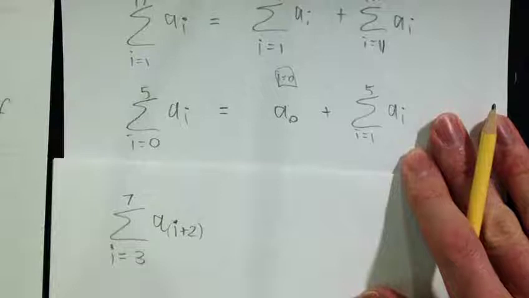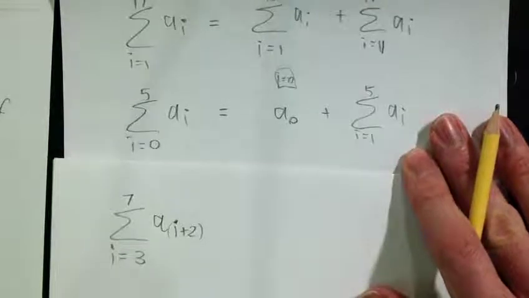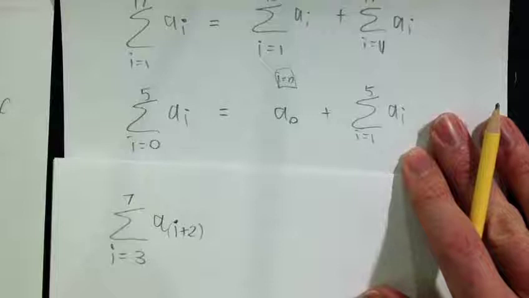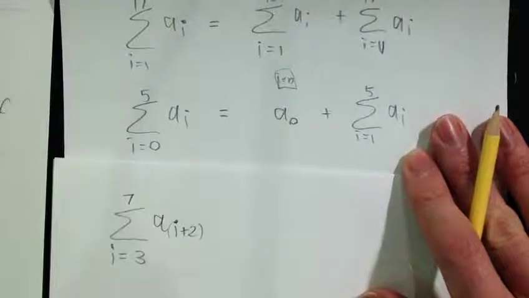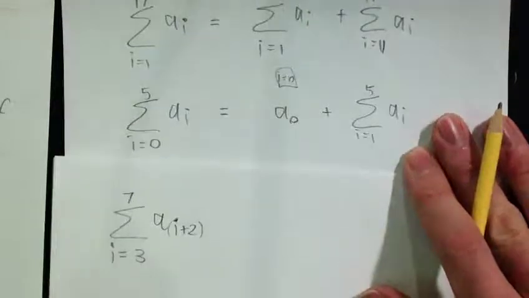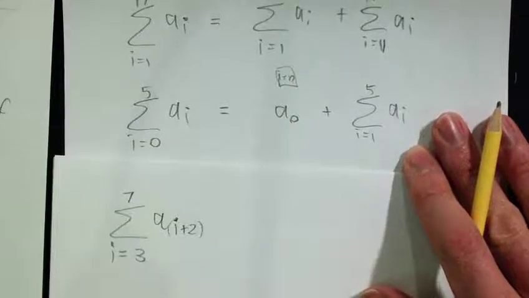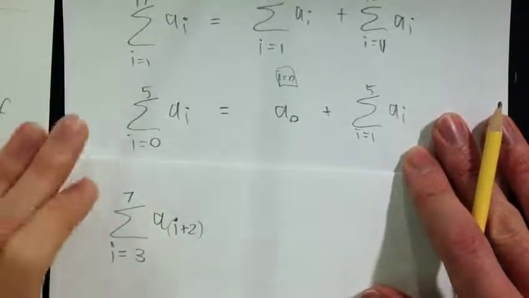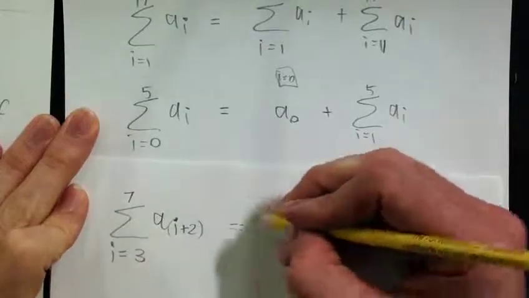And then I'll do i equals 4 and I'll sub it in, and that'll give me a6 because it's 4 plus 2. And I'll keep doing that and I'll get all the way up to i equals 7 plus 2, so a9. So what I'm really doing is I'm adding up from 5 to 7. I'm not really doing it from 3 to 7. If I actually adjust that number there, I'm adding it up from 5 to 7. So you can always do that trick.